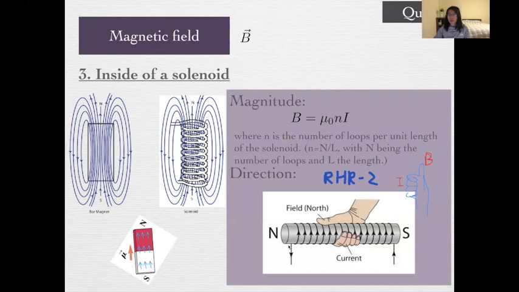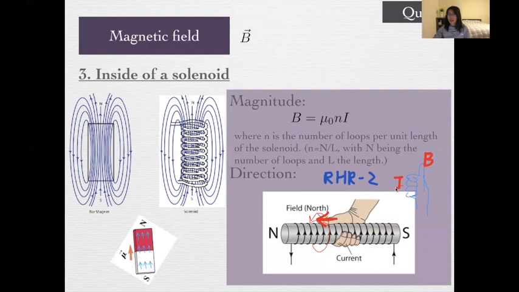For example, the current in this way is going this direction, so imagine you're using your hand to hold that bar, following the direction of the current. When you do that, your thumb will naturally point to the left, and that is telling you the magnetic field in the center of the bar is to the left.